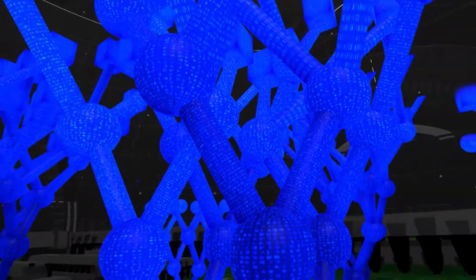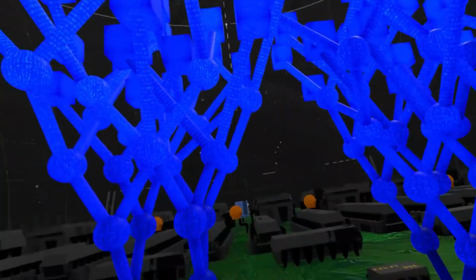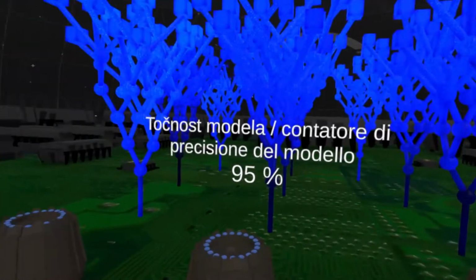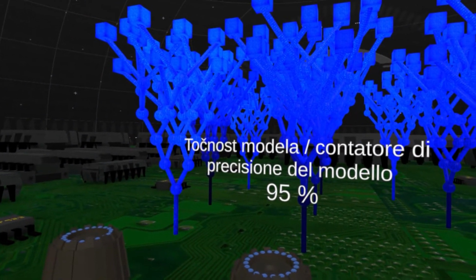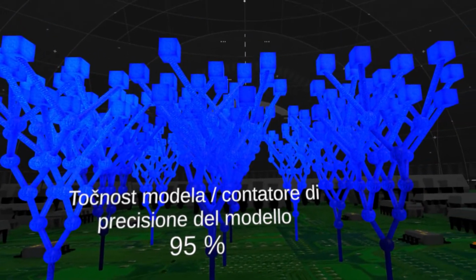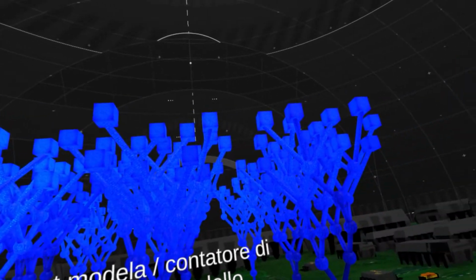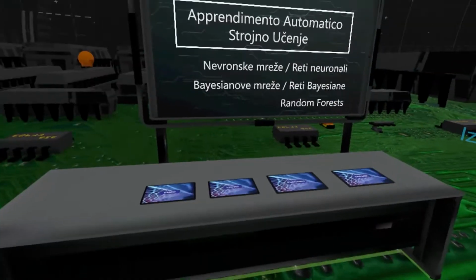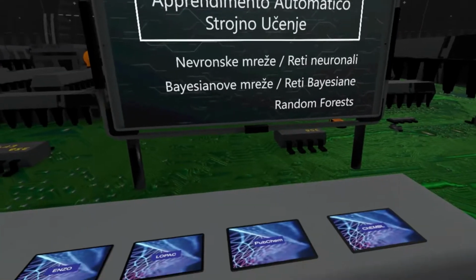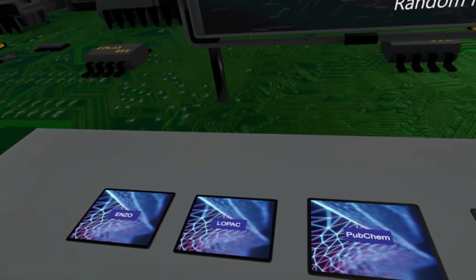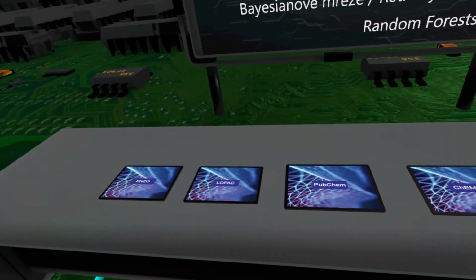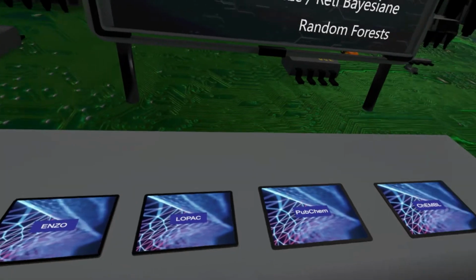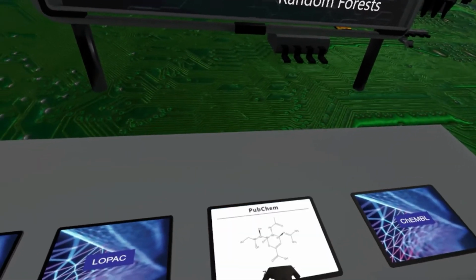So, now that the random forest is being created, let's take a look. Okay, the counter has reached 95%, so the quality of the random forest is now sufficient for the next phase. These tablets right here represent the molecule databases.